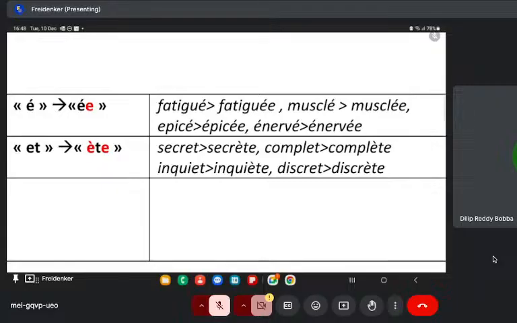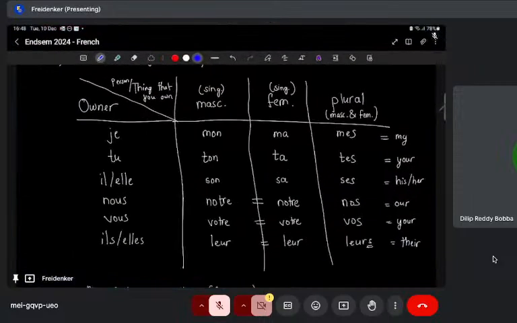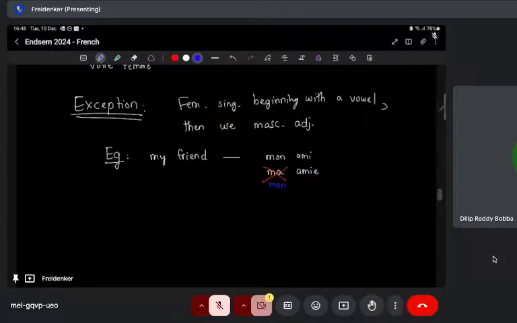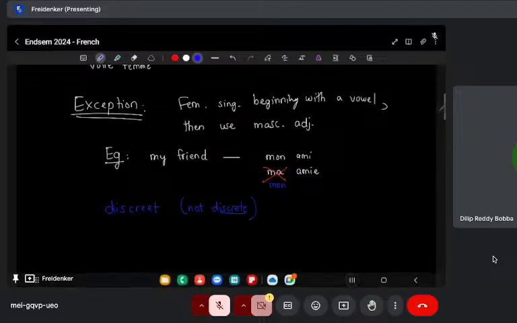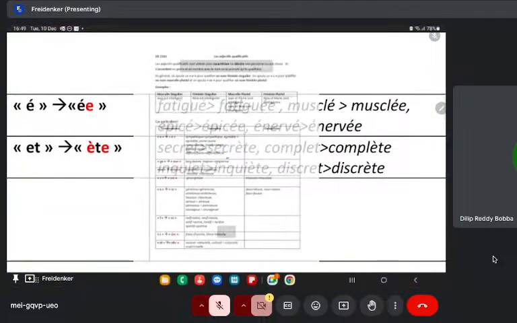And discret and discrète, it is to be discreet, in the sense of being secretive. Not discrete, which you'll find in discrete math. That is different. It means to be secretive or something. So discret and discrète. Okay, fine.